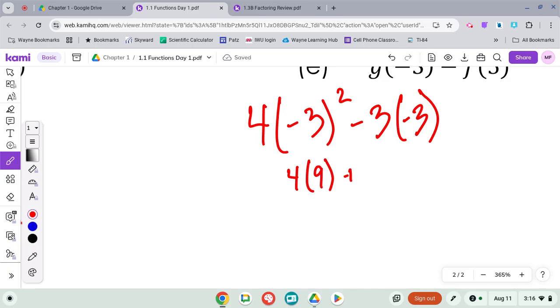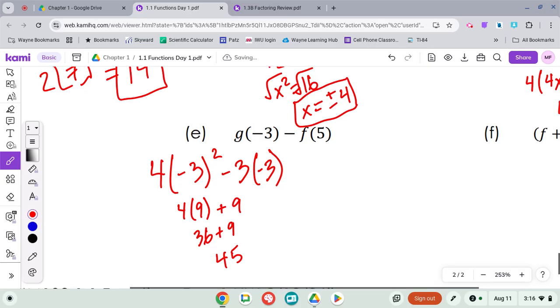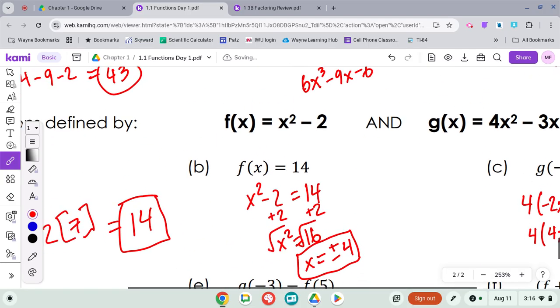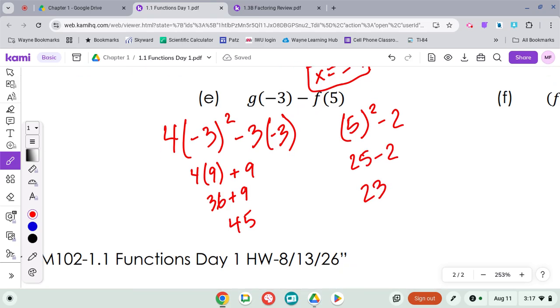Negative times a negative is plus 9 here at the end. So we end up with 36 plus 9. That gives us 45. Okay, we're also going to do f of 5. So f of x was x squared minus 2. So in our case, we'll get 5 squared minus 2. 25 minus 2 is 23. But then we need to subtract them. So 45 minus 23, that ends up with 22 as our final answer.